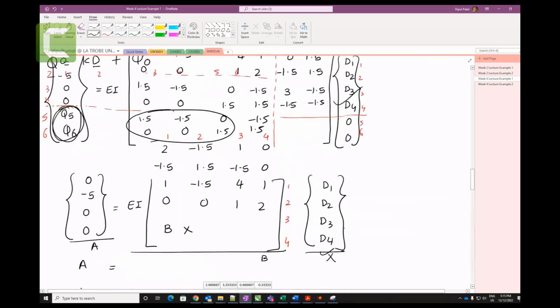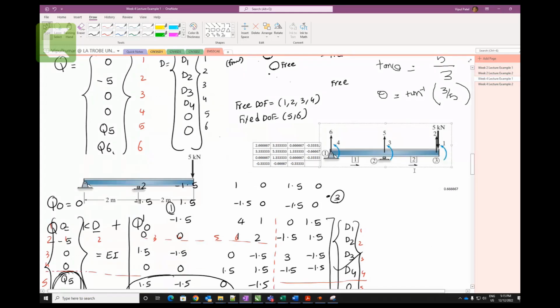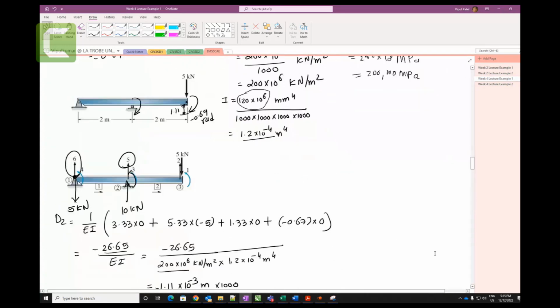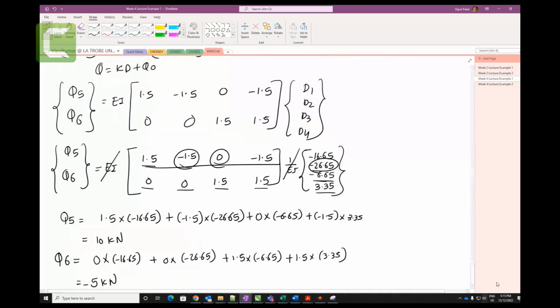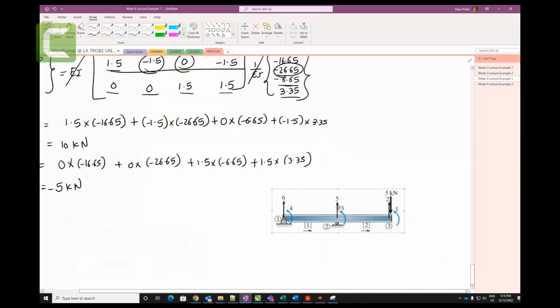Where is Q5? Here you go. So there you go, Q5 and Q6.